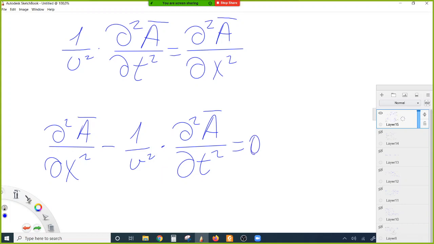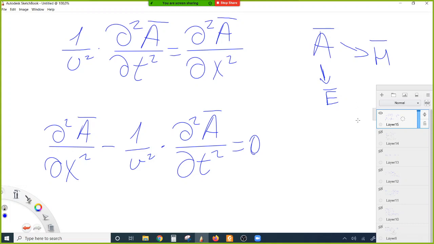So here the vector field A stands for any of the vector fields. For example, A may be the electric field intensity, or the magnetic field intensity, or maybe the magnetic flux density.